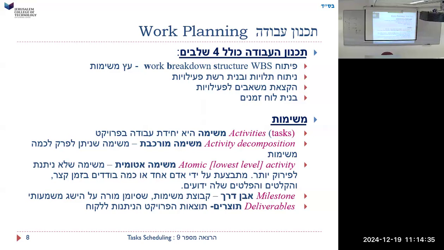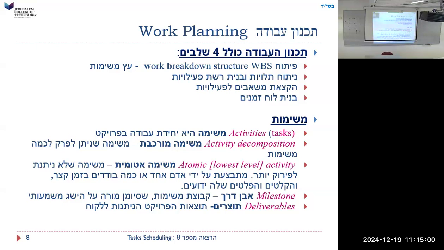We have tasks. A task is an amount, a unit of work. And then we have activity composition, משימות מורכבת, משימות שניתן לפרק לכמה משימות.